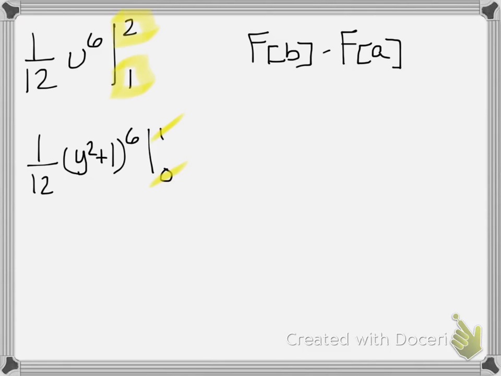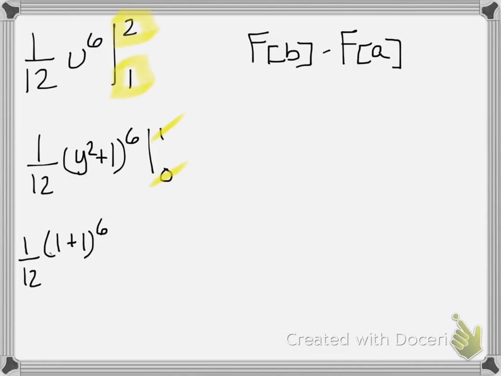So that would be 1 over 12 times our B, which is 1. So that would be 1 squared, which would be 1 plus 1, and that was raised to the 6th.